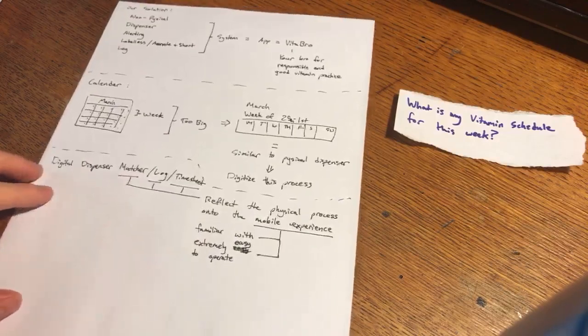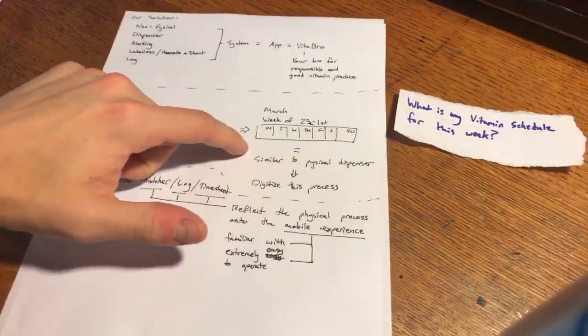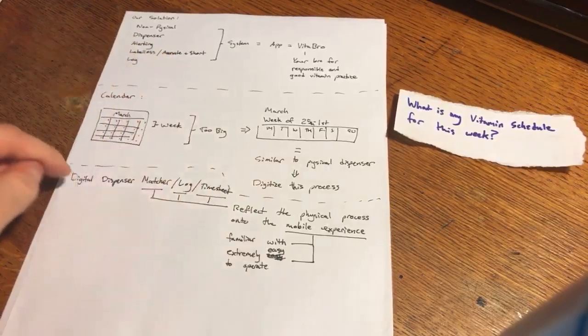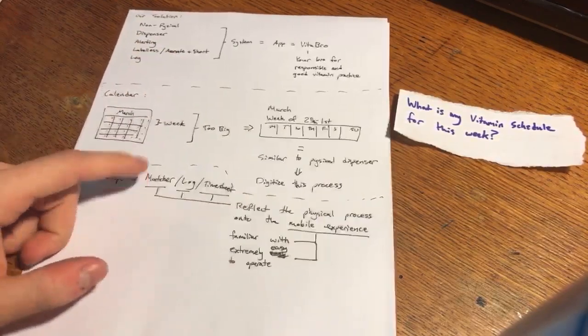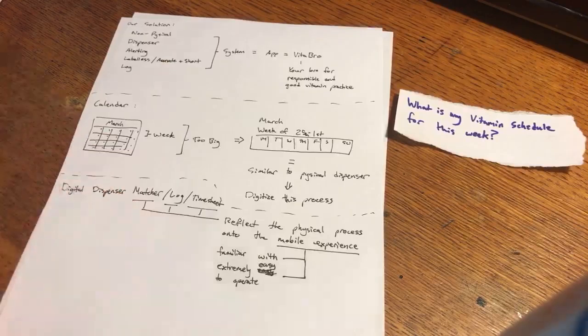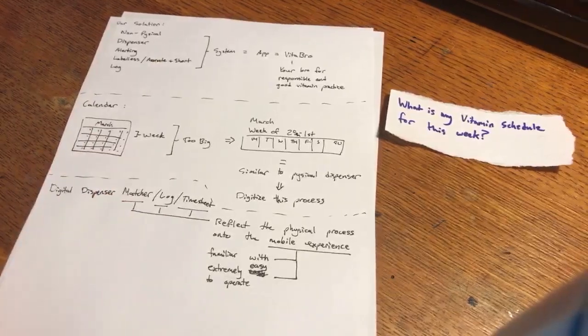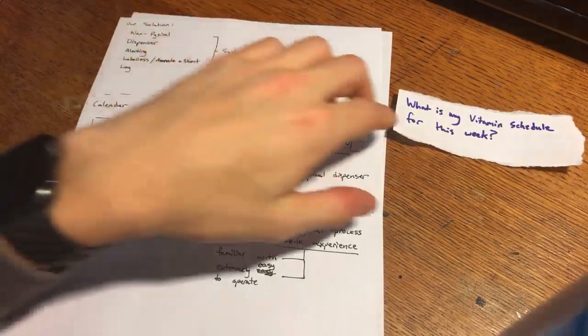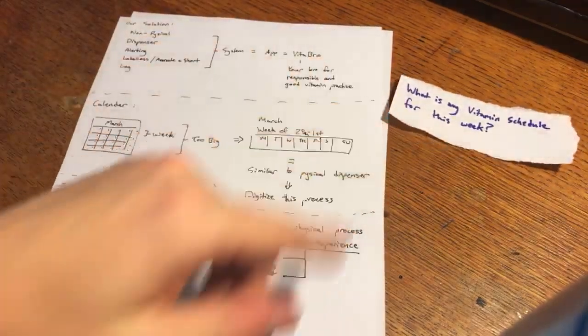So what we do here is we somehow take this, make it digital, and then find a way to match. And that'll help answer our question, what is my vitamin schedule for this week?